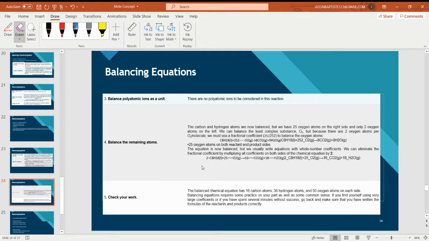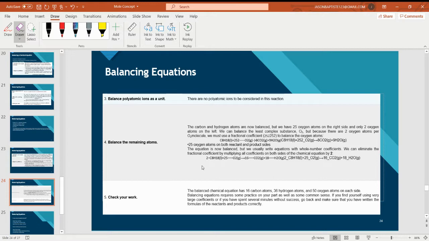The balanced equation has 16 carbon atoms, 36 hydrogen atoms, and 50 oxygen atoms on each side. Now, balancing equations requires some practice on your part, as well as some common sense, because as I said, this is basic maths. We are trying to get the same number of atoms of each element on both sides.